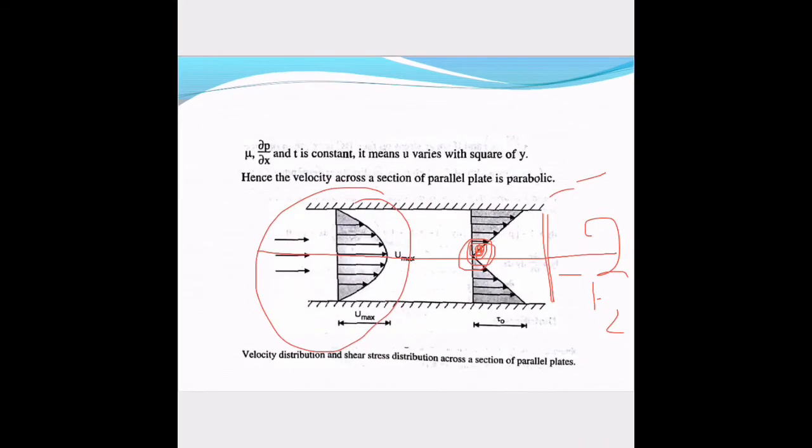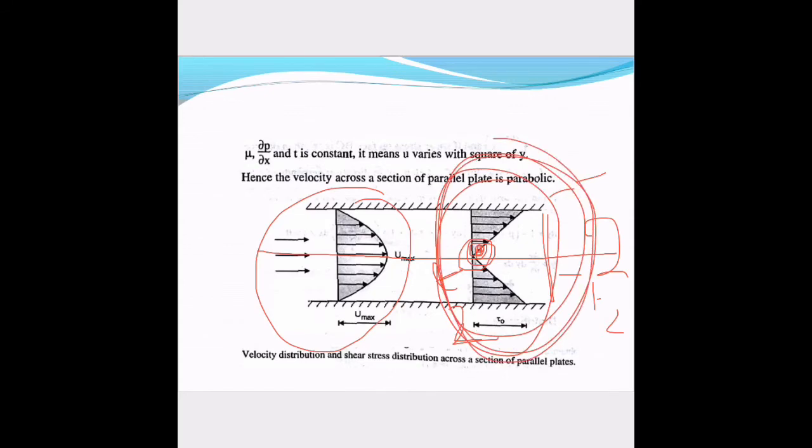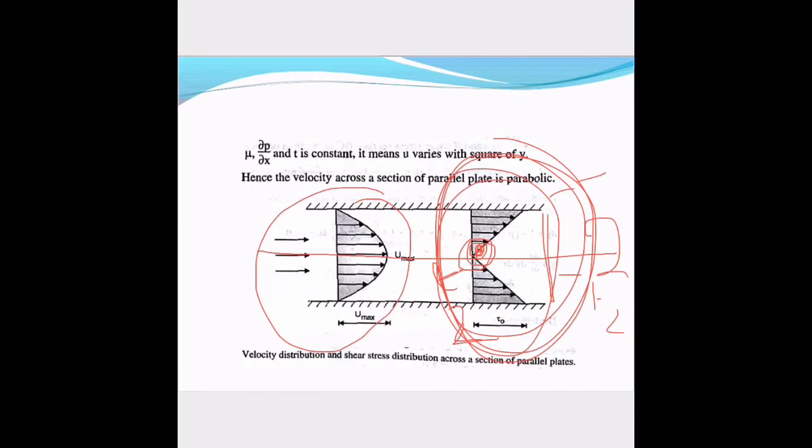In the middle of the plate the minimum shear stress occurs, and gradually it goes on increasing toward the boundary. So this is how the shear stress is distributed if the flow is laminar and flowing through two parallel plates. Is that clear?